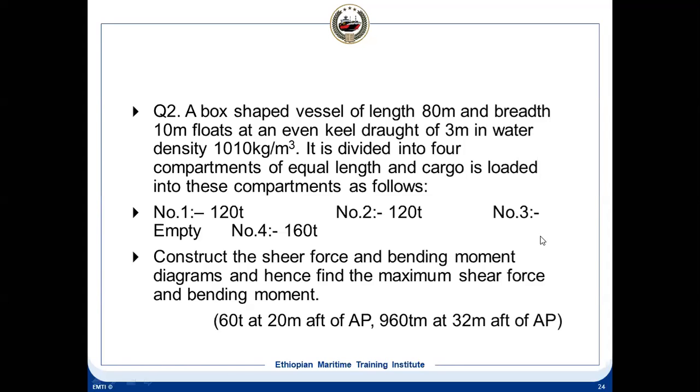But the next question, what you said, that values are coming the same. In fact, I wanted to ask you why the values are coming the same. We can interpret both cases, but if you read carefully, it is divided into 4 compartments of equal length, and cargo is loaded into this. So you can interpret it in both ways.